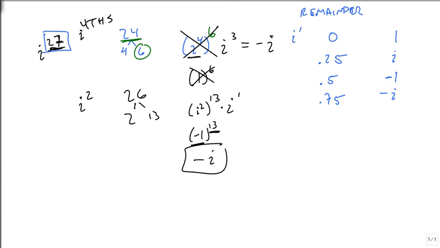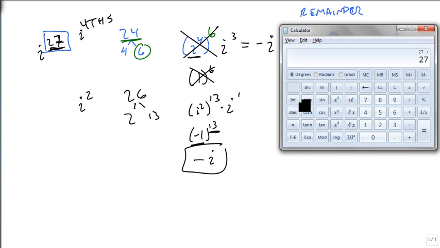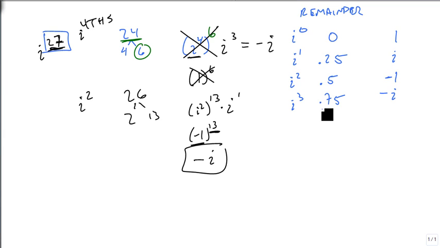Notice this lines up to i to the 0, i to the 1st, i squared, and i cubed. So when we grab our calculator, we do 27 divided by 4, and we look at the remainder, 0.75. 0.75 is minus i. And so all three methods give the same answer. It's just a matter of picking the one that you like best.